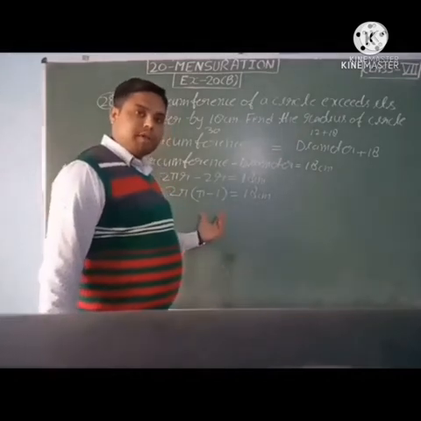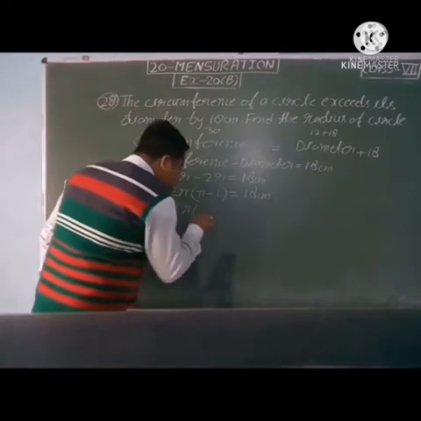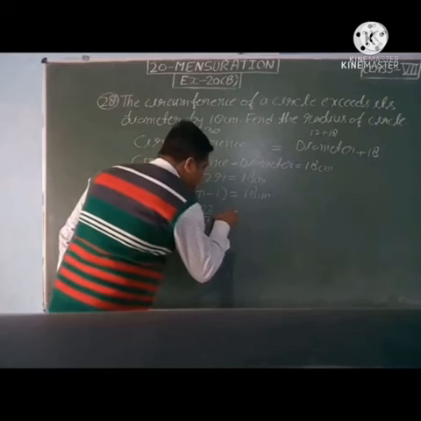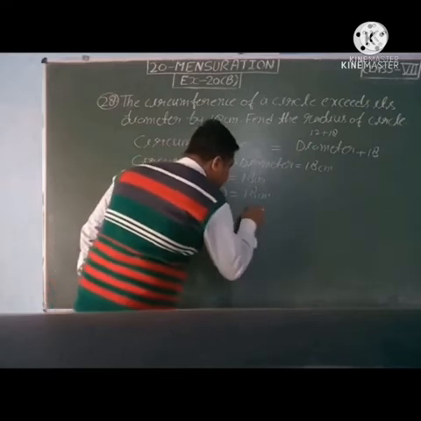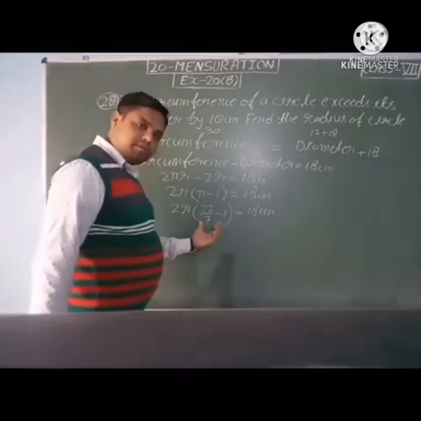Now we have to put the value of pi. So 2r bracket value of pi 22 upon 7 minus 1 bracket close is equal to 18 centimeter. So first we will solve this bracket.